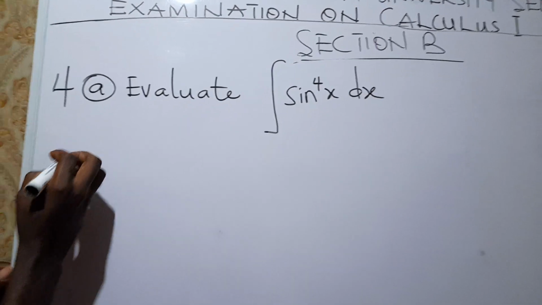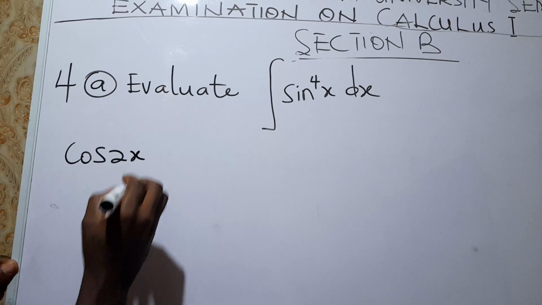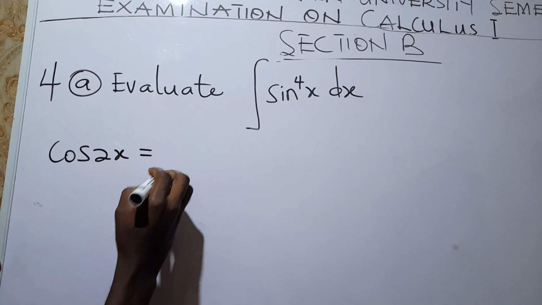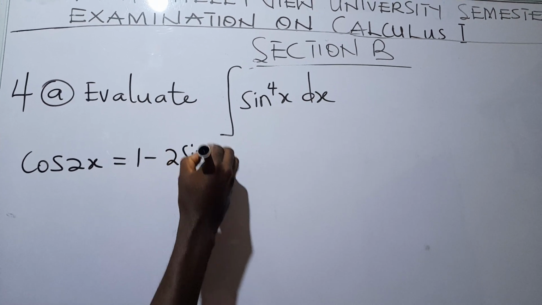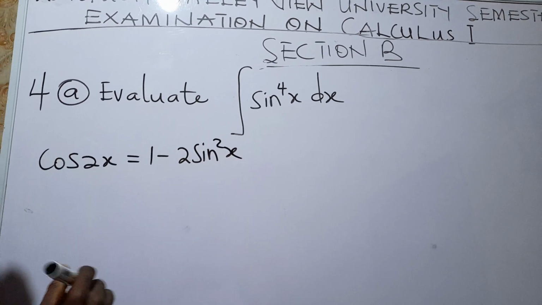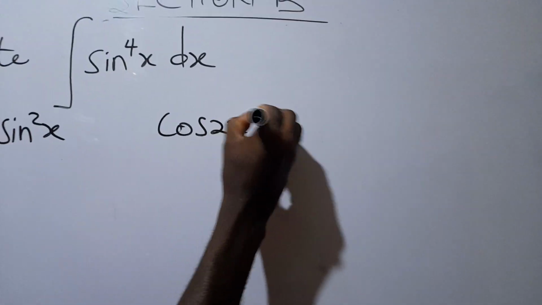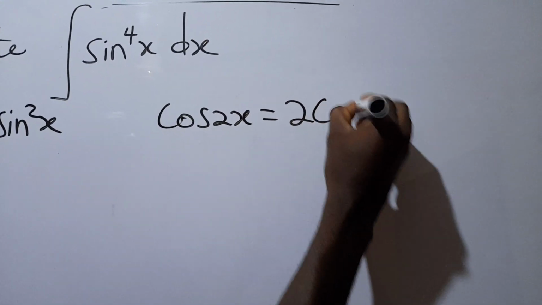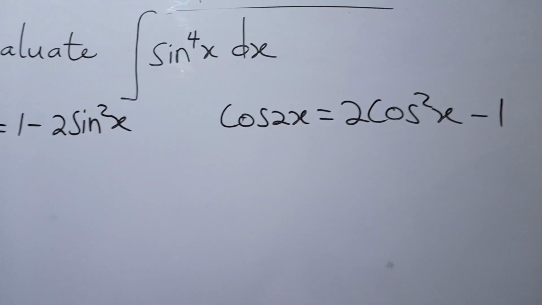That's the first one: cos 2x, from double angle, is equal to 1 minus 2 sine square x. Very important. Also, cos 2x is equal to 2 cos square x minus 1. All these are from double angles.